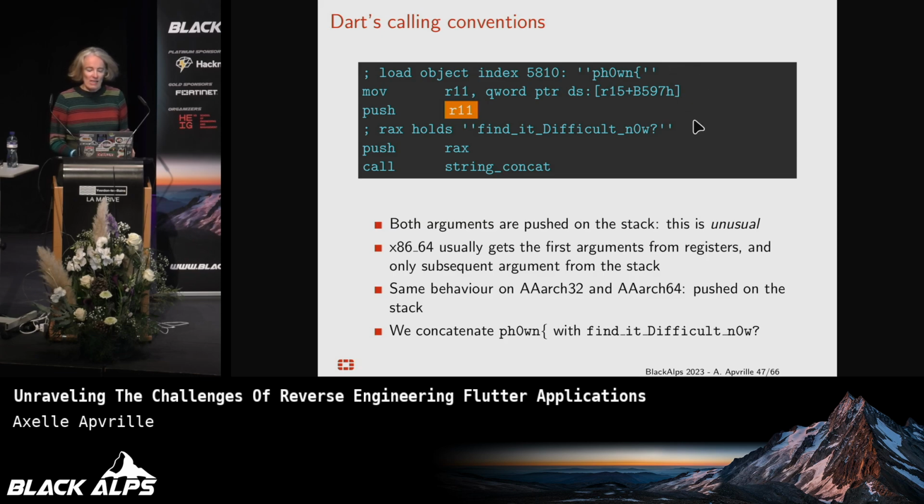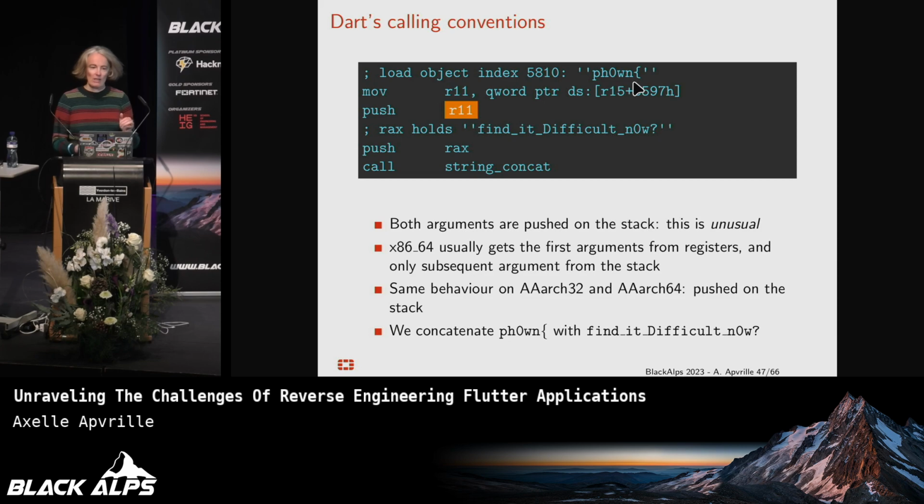And there you see that the formatting is happening. We have another 2 instructions there, where R15 is the register again for the object pool. So it is accessing a given index in the object pool. And if you go and look at that, it's actually index 5810, whatever, which holds the string phone and the curly brackets.